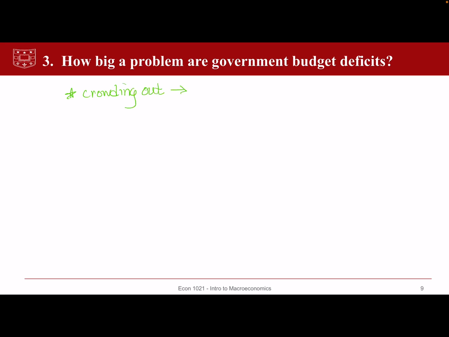And this is the idea that if we have bigger budget deficits, that'll translate into less savings by the government and an increase in longer term interest rates and a reduction in private sector spending. We also talked about the idea that increased debts to GDP can spark crises of confidence or full-blown debt crises.